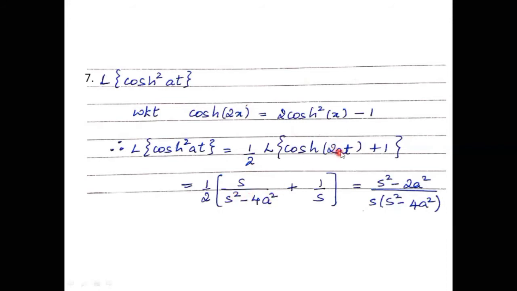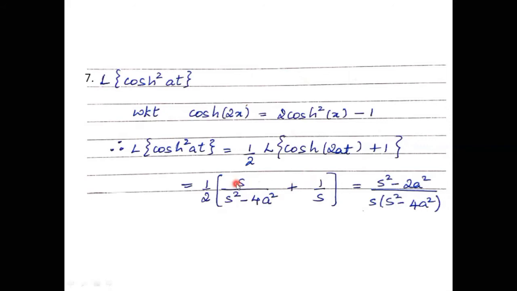Here in place of a you are having 2a, so 2a whole square will be 4a square. So that is how you got s by s square minus 4a square, plus the Laplace transform of 1 is 1 by s. So after taking LCM, we'll get s square plus s square minus 4a square into 1.